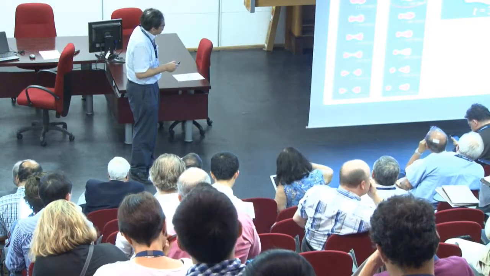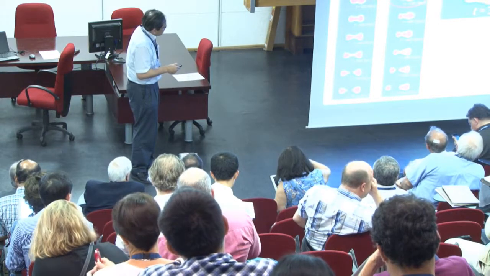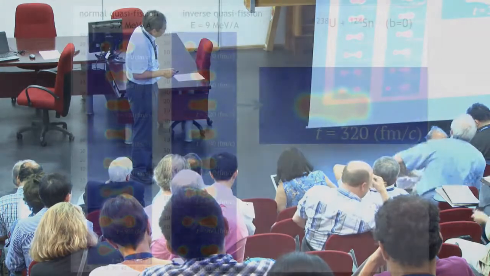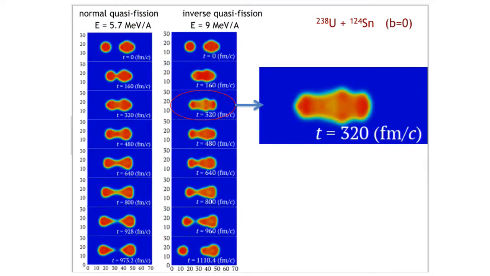Because the energy gets higher, we get more internal excitation energy. And here you find there is some density fluctuation. The density fluctuation creates a neck here and causes a fission, making smaller fragments here. So it seems to be related to the density fluctuation in this dynamics.